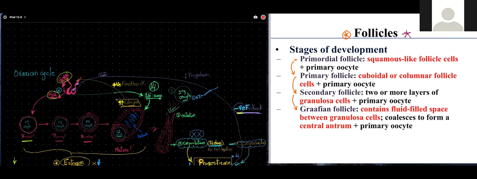All right, so you can create a subtopic or another topic in your response to the question, which is the stages of the development of the follicles. And you're going to be describing the primordial follicles that are going to become a primary follicle, secondary follicle, Graafian follicle.